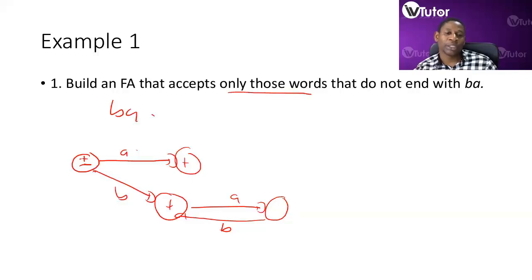Here you can have as many B's as you want as well. A can go to a final state, B can go to a final state, like that. But after a B, if you have an A, you cannot go to a final state. If you only have B's, yes. So this becomes the finite automata for this.